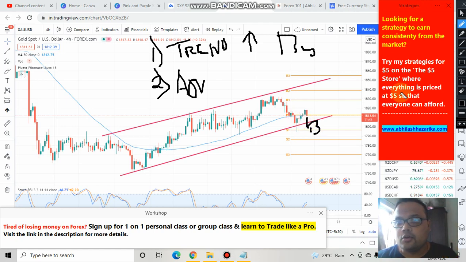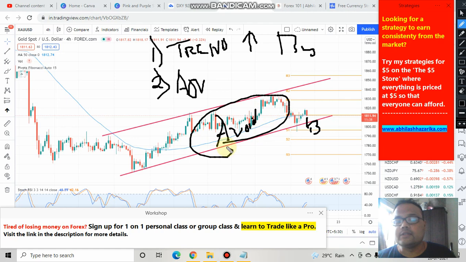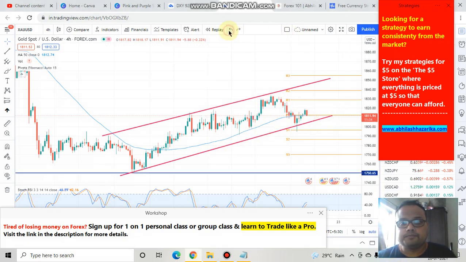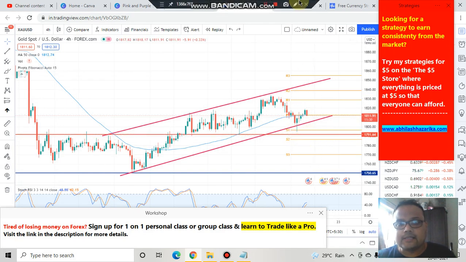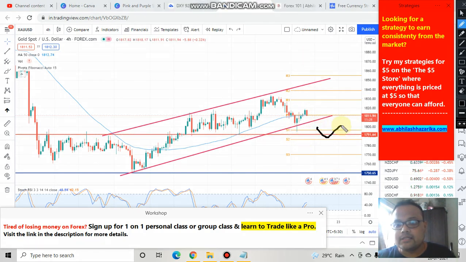Please, my dear friend, do not click on the buy button and just avoid trading gold USD if the market breaks the support level. Or in case it comes down, takes support at this price level, the 1791 level, and bounces, then that's a different chapter. But right now, if it breaks the trend line, do not buy.